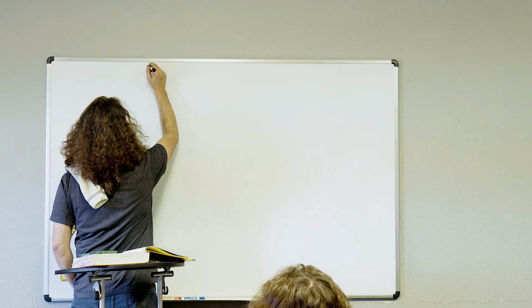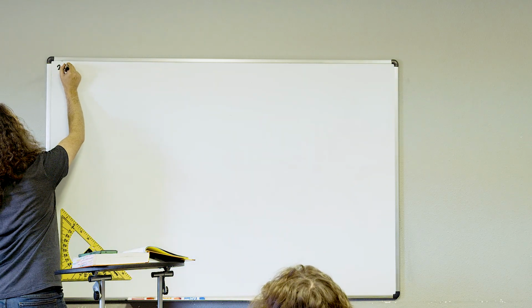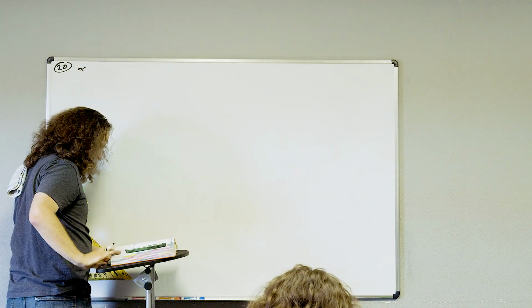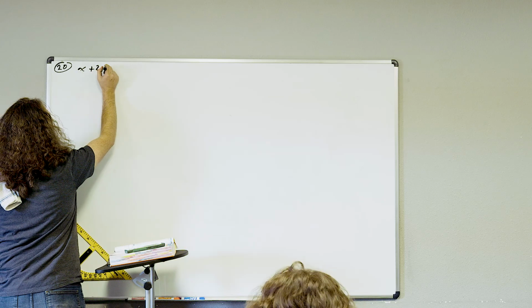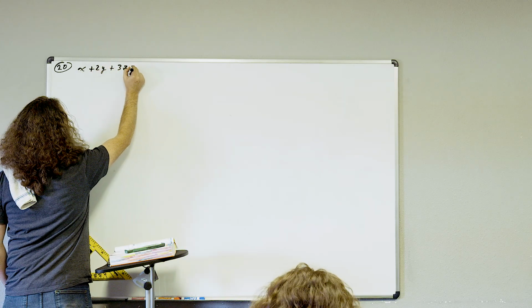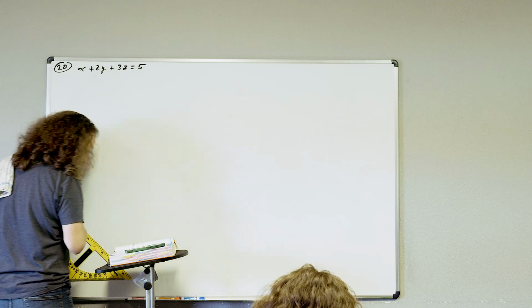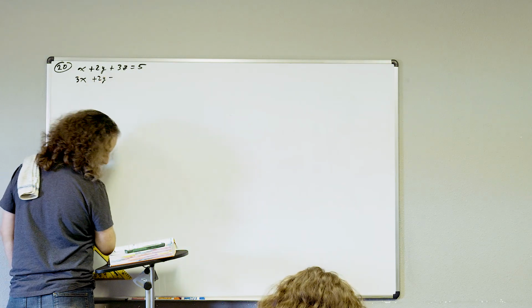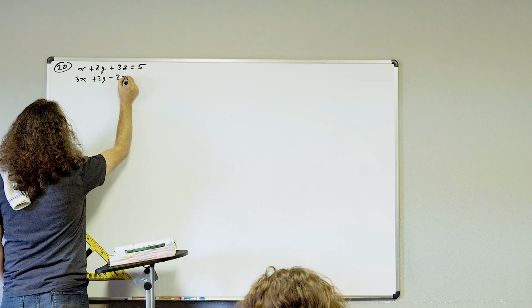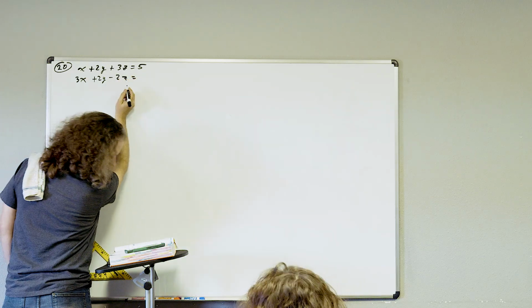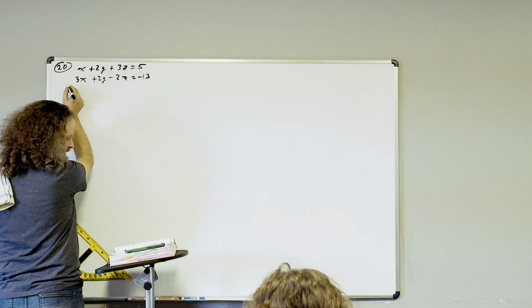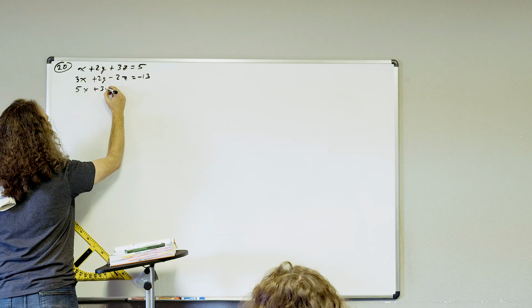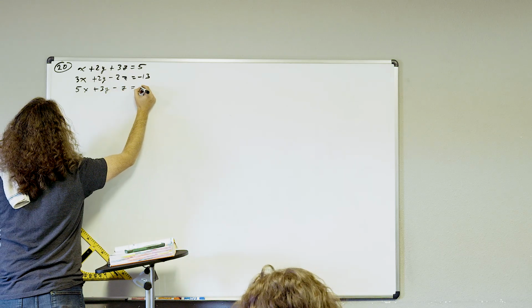So, number 20. I better start it over here. X plus 2y plus 3z equals 5. 3x plus 2y minus 2z equals -13. 5x plus 3y minus z equals -11.